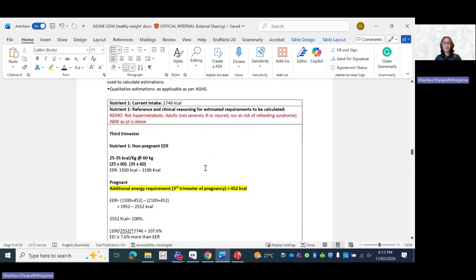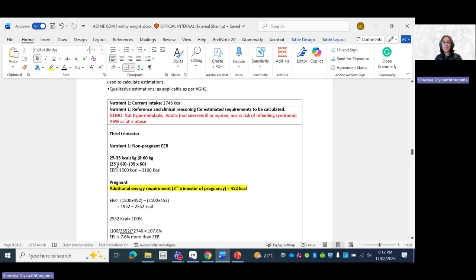So to calculate the energy requirement, we first use this equation, which we use for non-pregnant adults. So that is this formula, 25 to 35 kilocalories per kilogram of body weight. And we take 60 kilograms because that is her non-pregnant body weight.